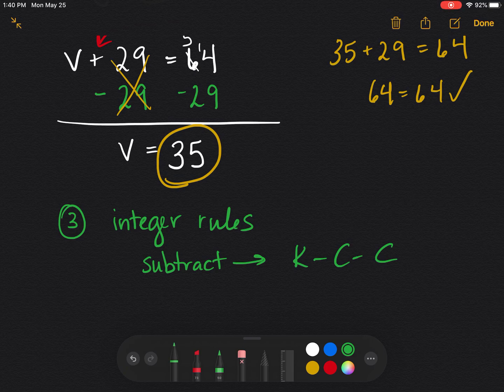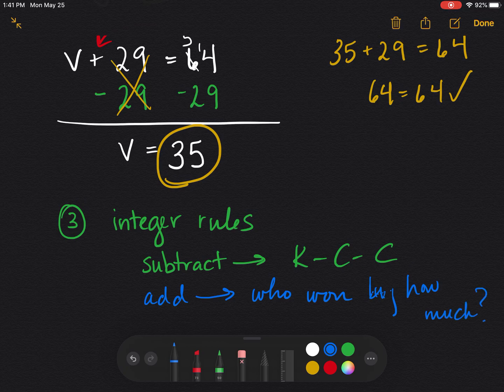Okay, if they're adding, then use who won by how much. By how much. Okay, use those rules. All right, take your time. There's a worksheet. Do your best.